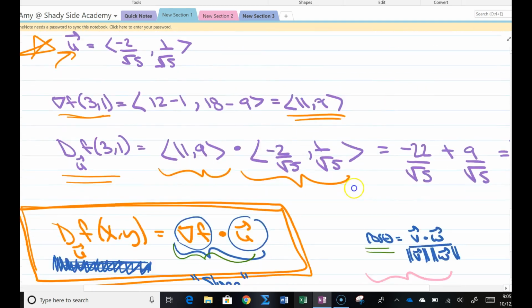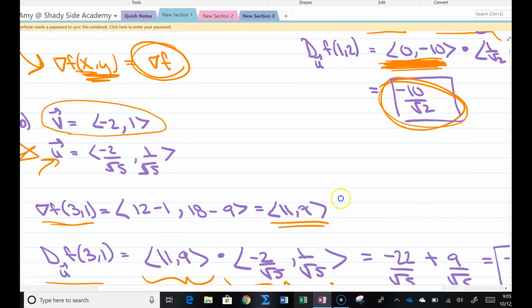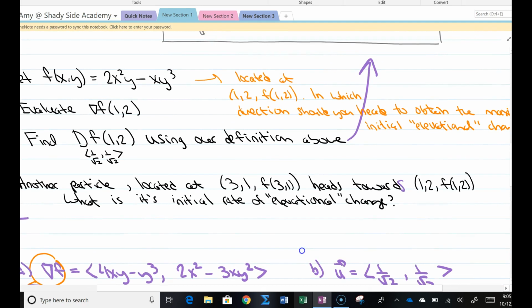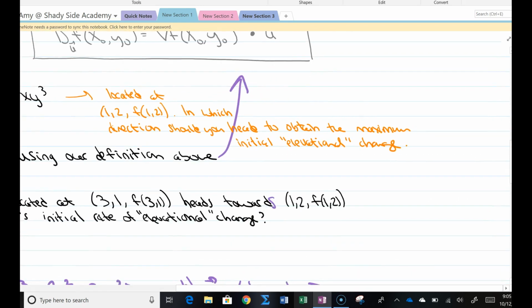What we just discovered down here is that this vector u, excuse me, which is the direction that you head in, correct? If that vector u was in the direction of del f, the directional derivative here will be at its maximum. So what was del f at 1, 2? I did the work in part A: del f at 1, 2 was equal to 0, negative 10.